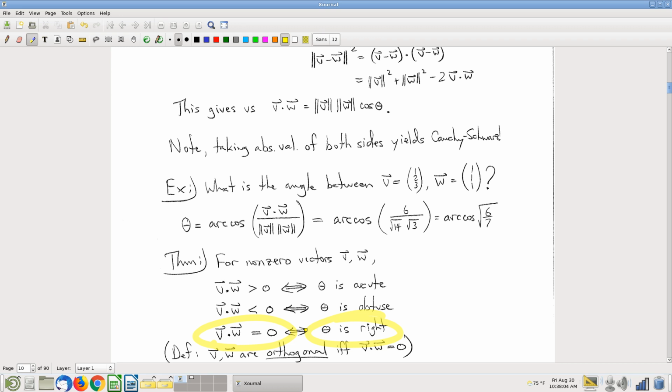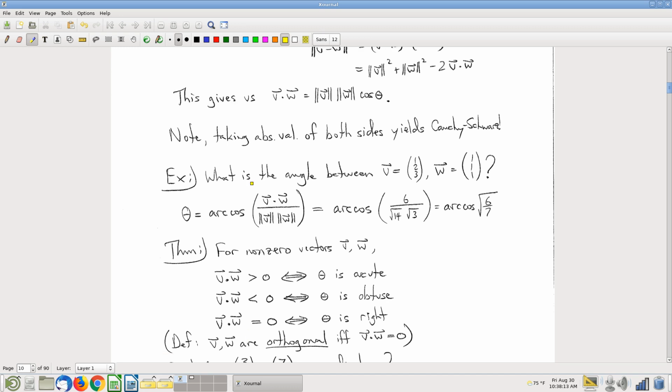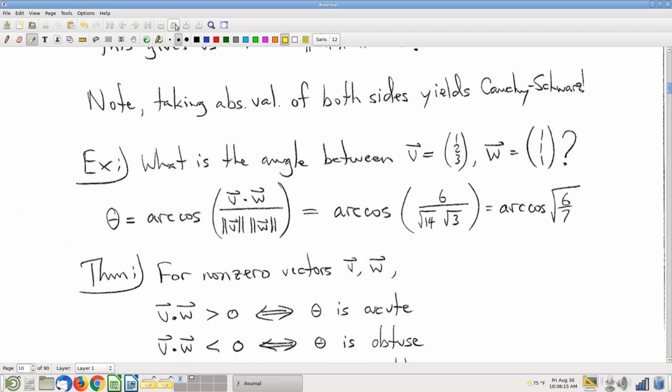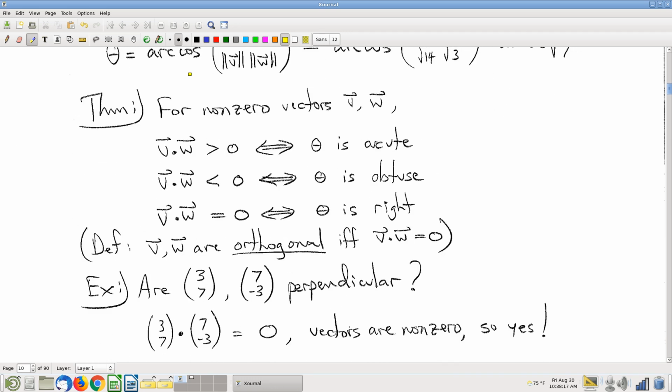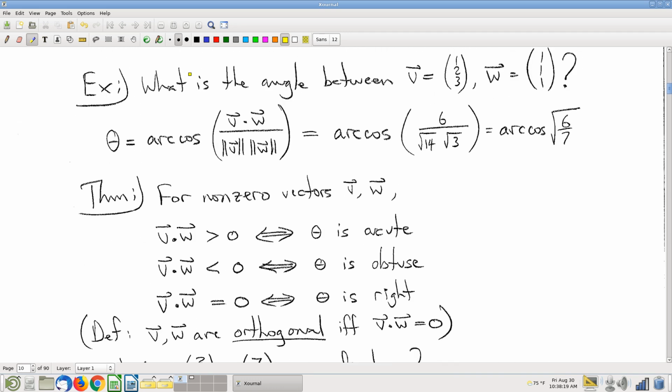It's really inelegant. So we get around that with this definition. I say get around it. I mean, we sort of gloss over it with this definition. This word, orthogonal. We say two vectors are orthogonal if and only if the dot product is zero.